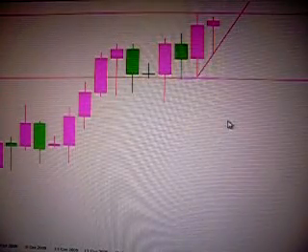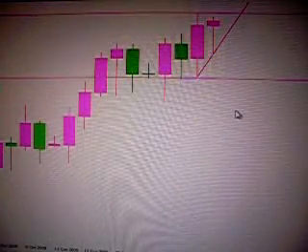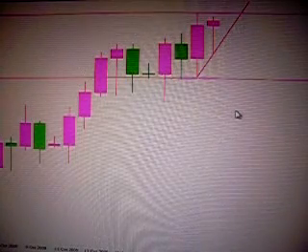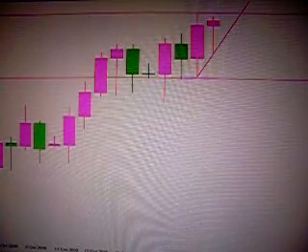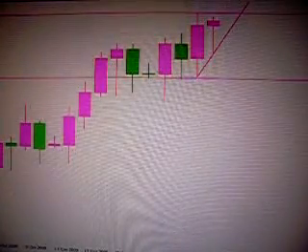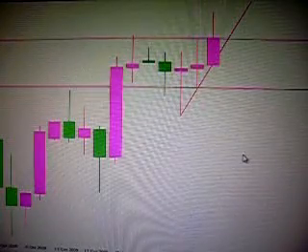Now, I traded this short last night and long this morning, but I also traded the USD JPY, and I'm going to show you that trade because I did that in the opposite way. Now, that is my USD JPY daily chart.